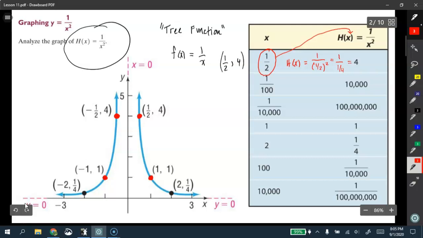Then if you try the number 2, h of 2 is equal to 1 divided by 2 squared, which becomes 1 divided by 4. So when x is equal to 2, y is equal to 1/4, and by the same logic, when x is equal to negative 2, y is equal to 1/4 as well.